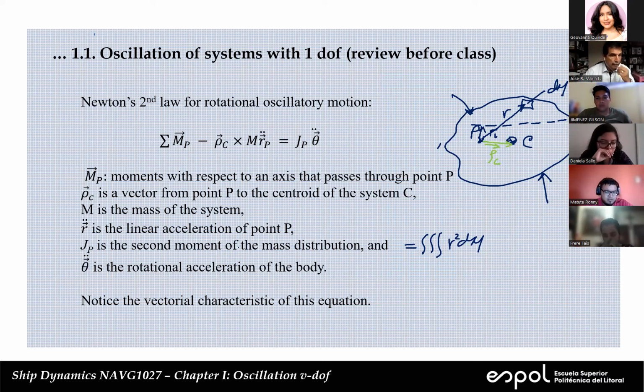So this is the general expression. Now, I insisted that this is a vector equation, so we have to be careful. Usually in our course, we work in the plane, so every vector is perpendicular to the plane, so it goes in the k direction. That makes things a little bit easier for us. If we were in space, for example, the people working with satellites are in trouble because they have 6 motions.